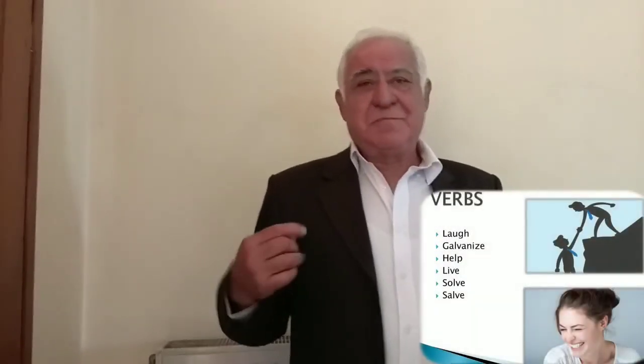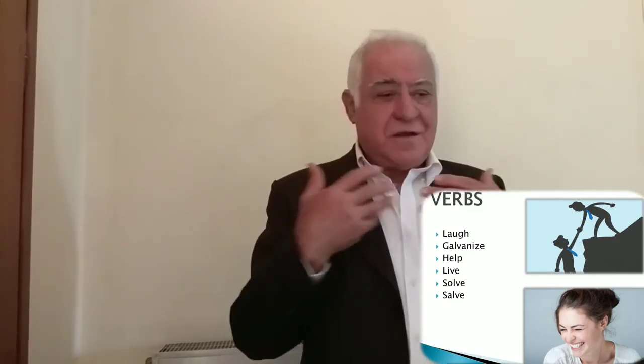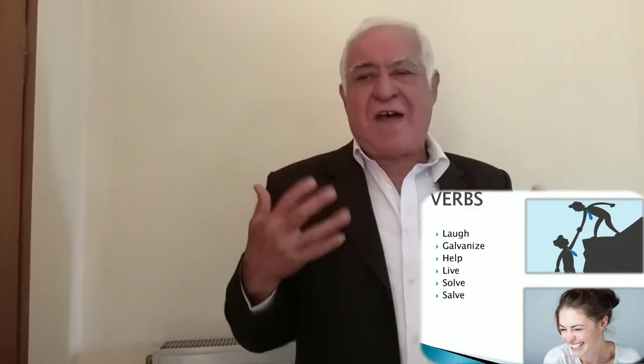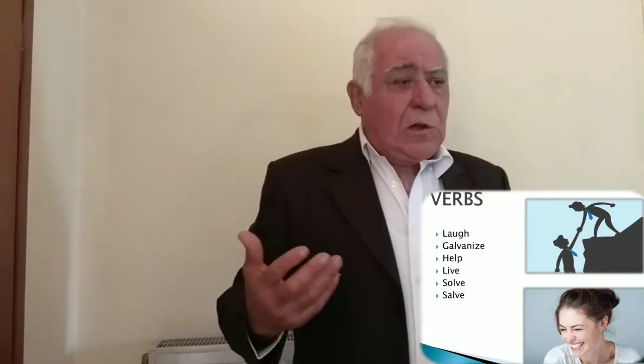And then we have some verbs. For example, the verb laugh, which means that by laughing one shows his or her teeth, and the whole idea of laughing is that one gives brightness away.